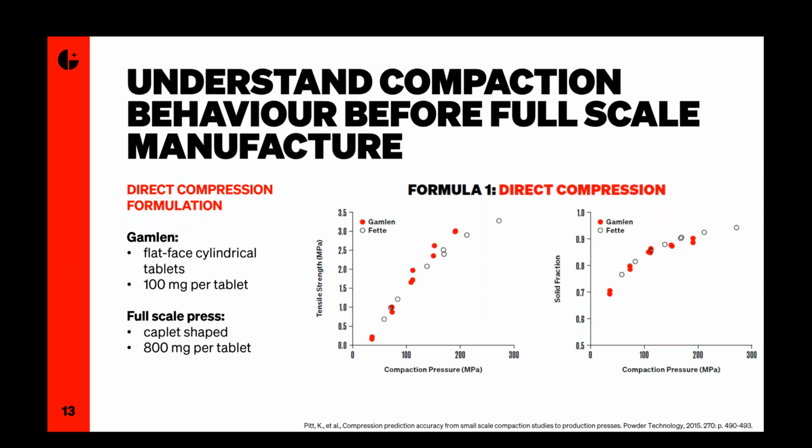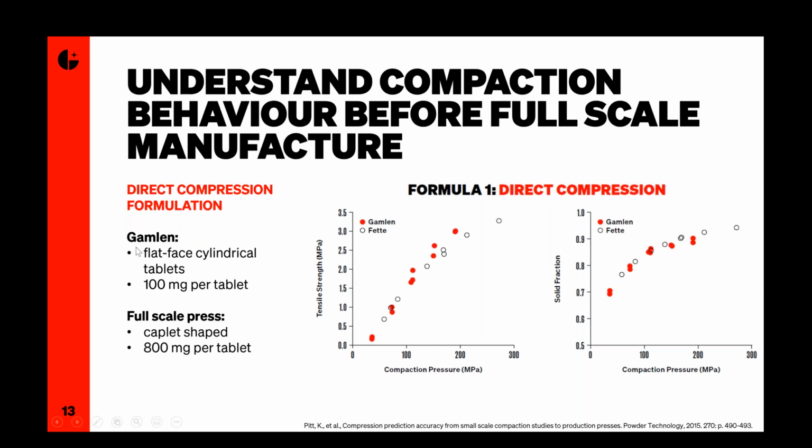So this is some data taken from a paper that was published by Kendall Pitt at GSK. He carried out this study for 2 different formulations. He looked at a direct compression formulation and a wet granulation formulation, and he compared compaction analysis data from the Gamlen with compaction analysis data generated on tablets from their full-scale FET-A tablet press. So this slide shows the data for the direct compression formulation.